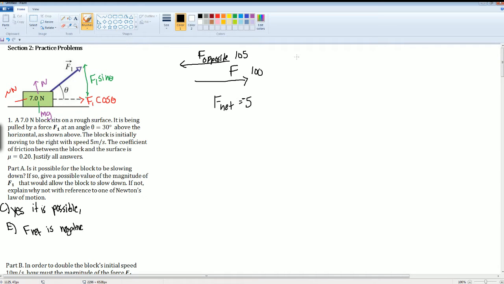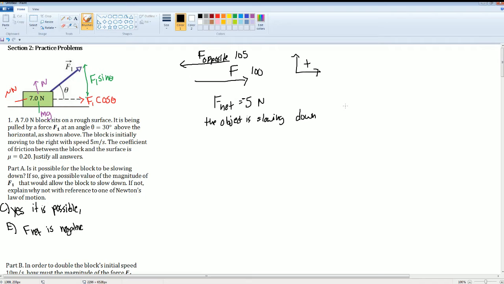Let's say we treat forward and up as positive. So F net would be negative 5 N. Therefore, this means the object is slowing down. So all we have to do is try to find a value such that the F net here is negative.